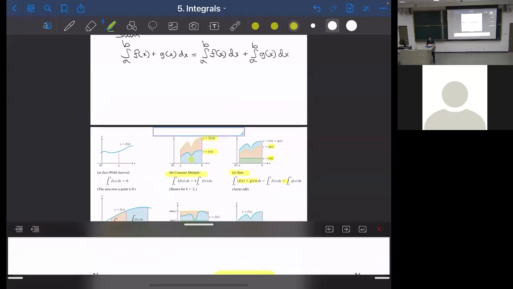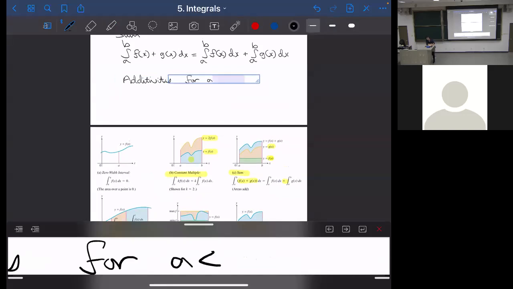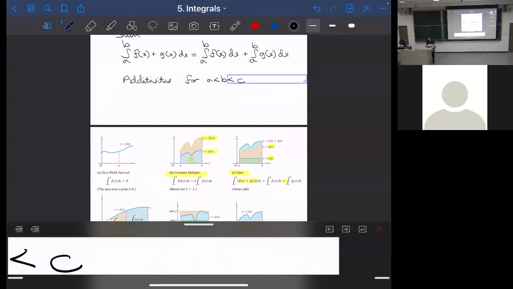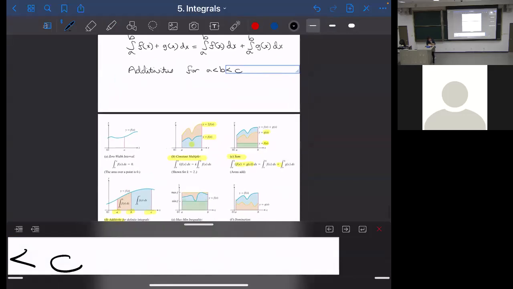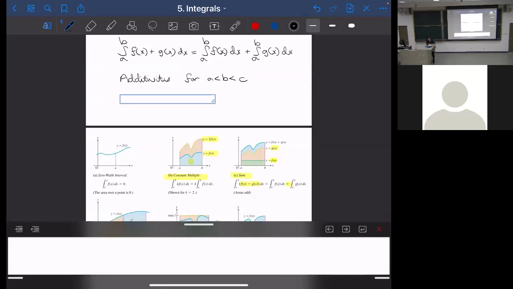So we call this additivity. And it's saying that if I have a less than b less than c, then the integral from a to c is a sum like this.